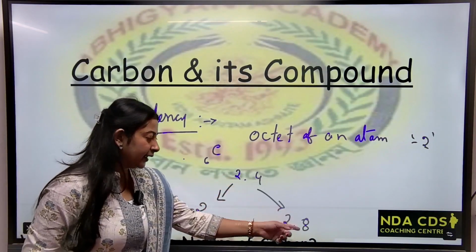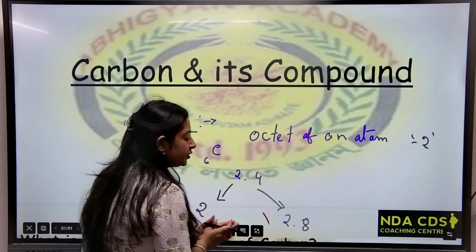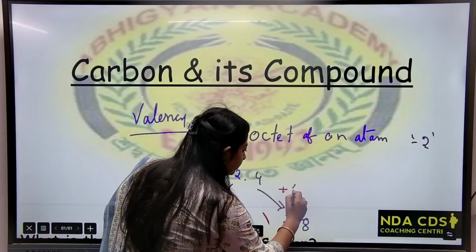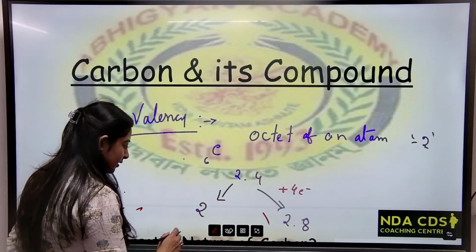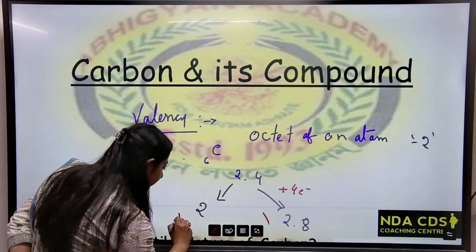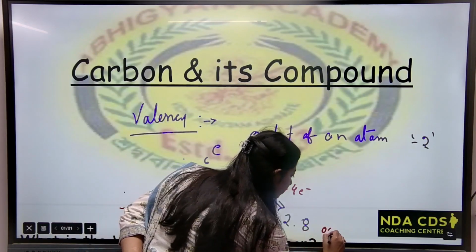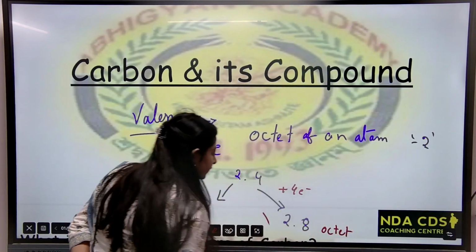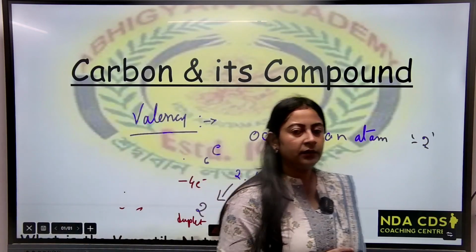How can it be 2.8? It can gain configuration 2.8 by accepting 4 electrons. This is octet. And it can gain duplet by losing 4 electrons.